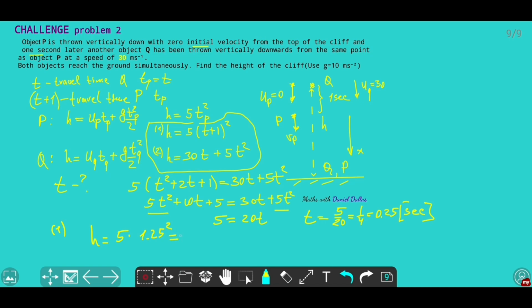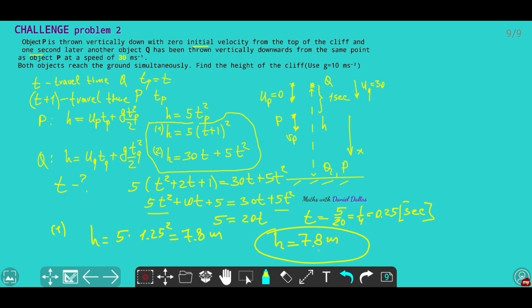Now we can calculate this quickly, and I'll get around 7.8 to one decimal place. So 7.8 meters, that's the height of this cliff, and that's going to be the final answer.